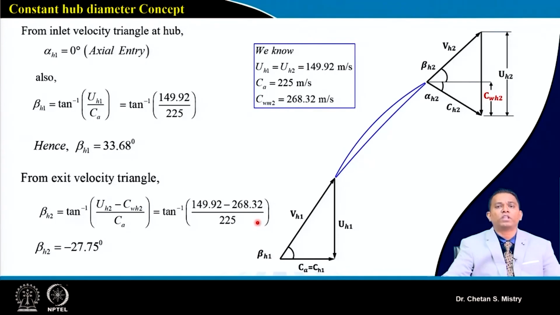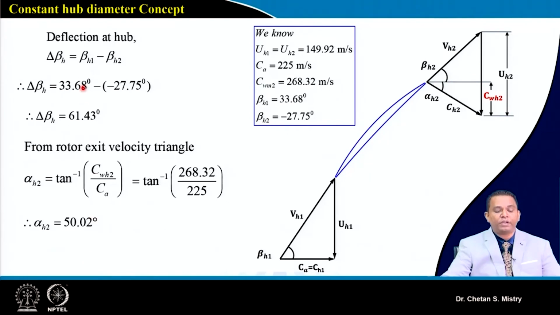Now once we know our axial velocity, our peripheral speed, and the work component based on our velocity triangle at the hub station, if we put these in, tan beta 1 is u by Ca, and these numbers give me beta 1 as 33.68 degrees. In the same way we can calculate at the exit of the rotor, and that's coming minus 27.75 degrees. Here my delta beta, as we were discussing near the hub, is coming large, 61.43 degrees.